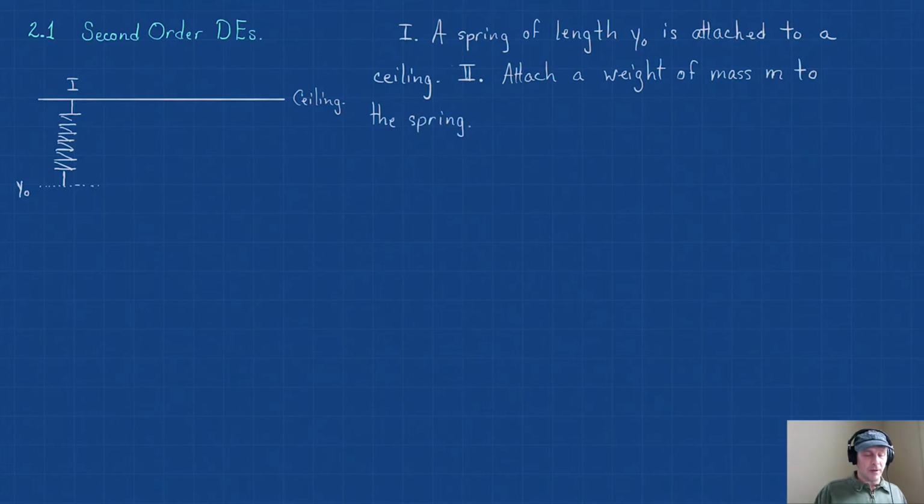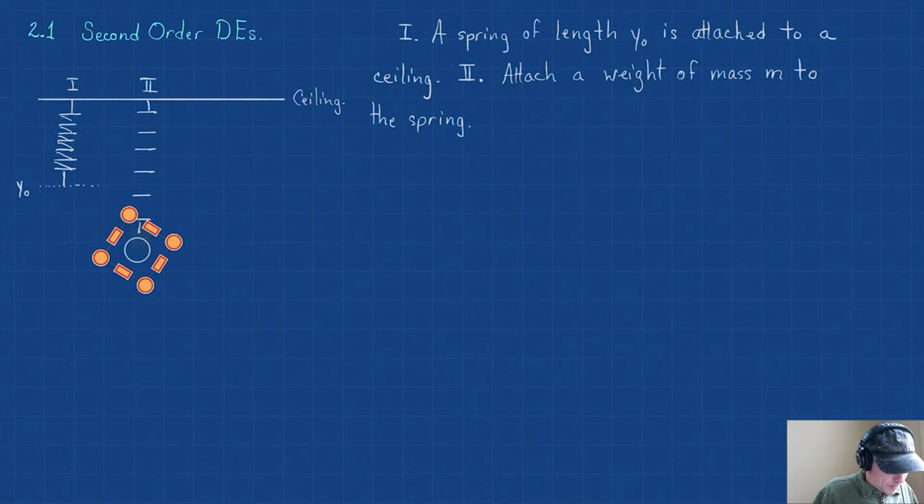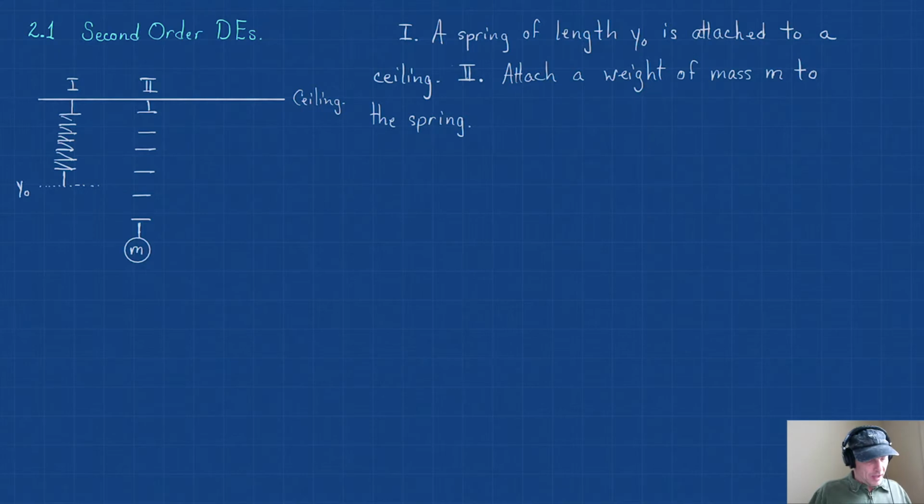So now this is step 2. We're going to draw this out. In step 2, we're going to attach our spring, and this time we'll spread it out a bit. Okay, and there's my mass m, and let's connect our spring there.